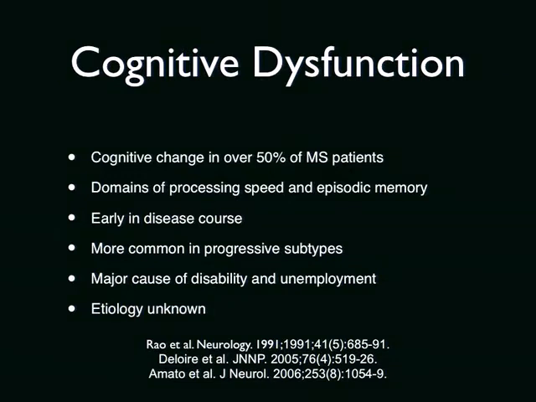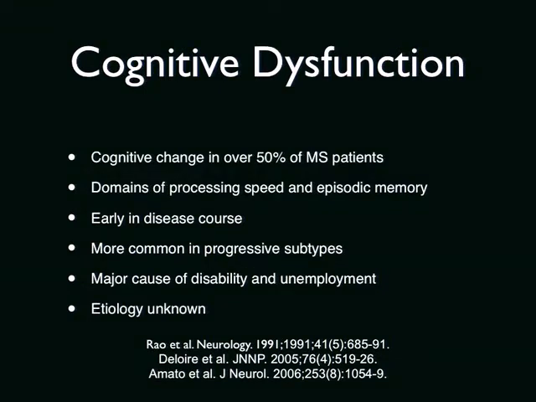So this is even an earlier step where patients get an MRI for something like headaches and have, for all intents and purposes, a brain MRI that looks consistent with MS, although they haven't had clinical relapses. I will mention that cognitive dysfunction is greater in the more progressive subtypes of MS. So it tends to be more common as patients have a longer disease duration.